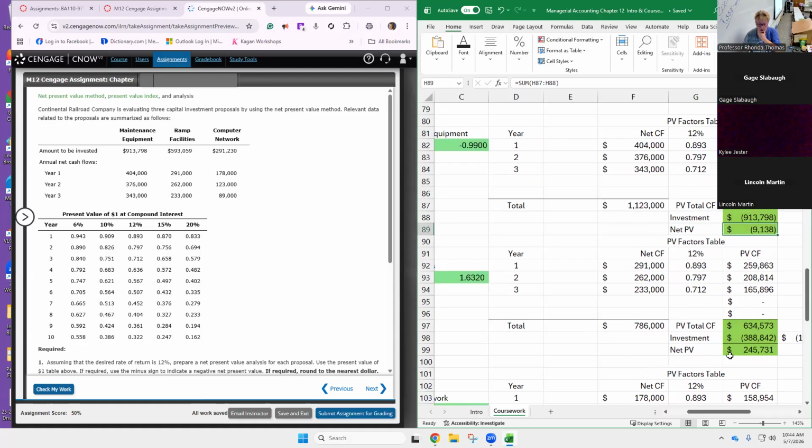So now let's go to our other project. Okay. I want to make sure that all my cash flows are calculating, and then I want to make sure they add up, because we're only doing 3 years this time. And then my investment for this ramp facility project, I'm going to key that in: 593,059.